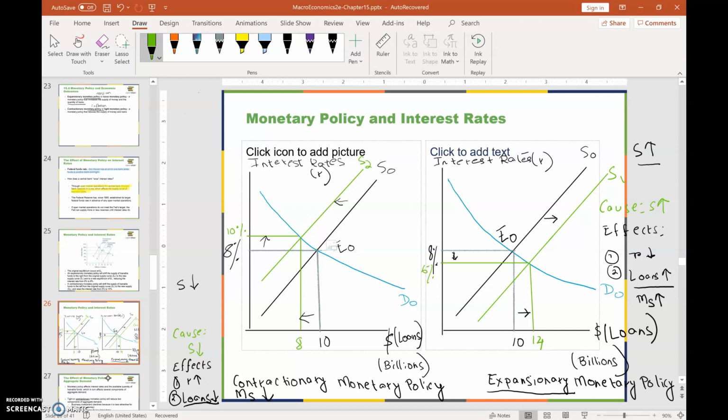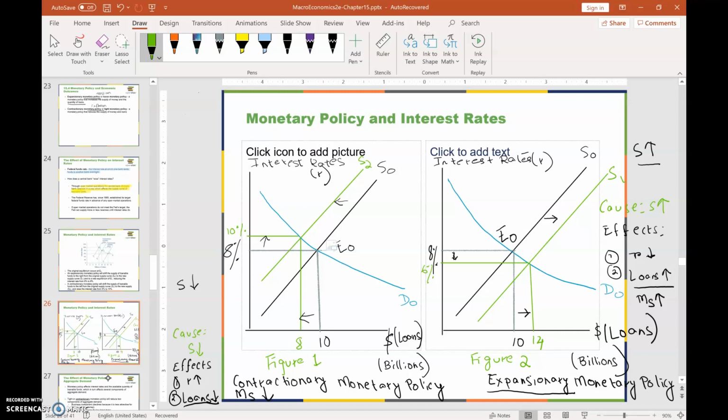The one on the right is going to explain expansionary monetary policy. The one on the left is going to explain contractionary monetary policy. So I'm just going to name this one figure 1 and this one figure 2.